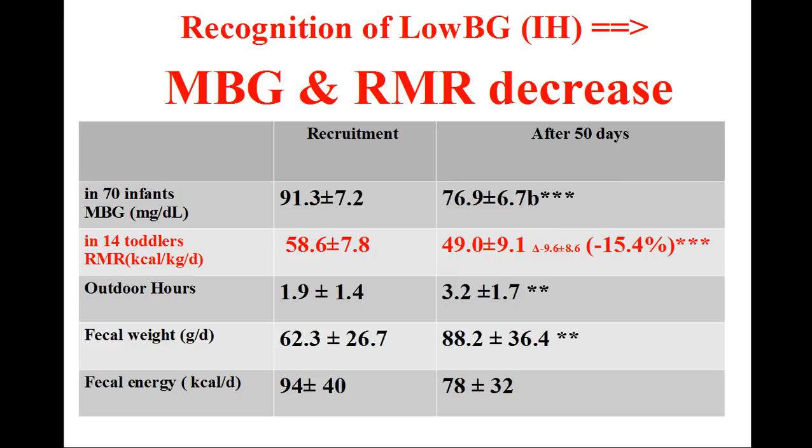MBG decreases from 91.3 to 76.9 mg/dl in 70 infants. RMR decreases from 58.6 to 49.0 kcal/kg/d, which corresponds to a -15.4% in 14 toddlers.